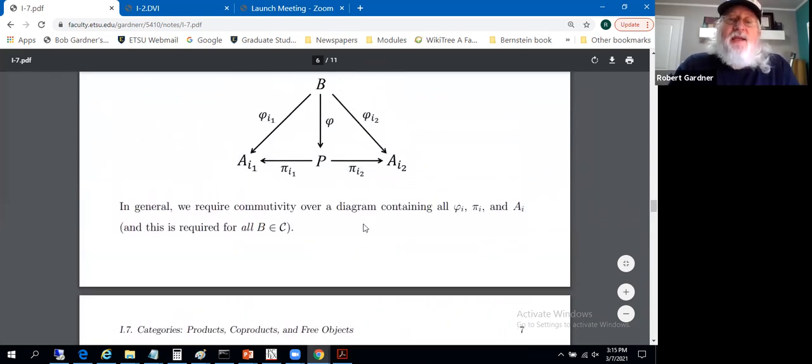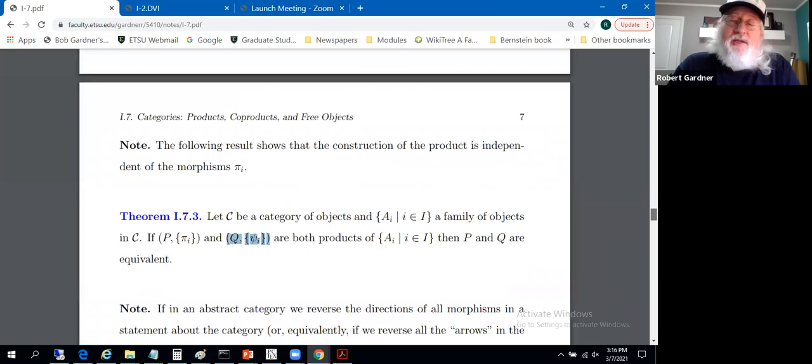So we're taking pi sub i's and psi sub i's, different collections of those projections, and showing it doesn't matter. So we're going to show that product P of these objects and product Q of the same objects, these two products are actually equivalent.